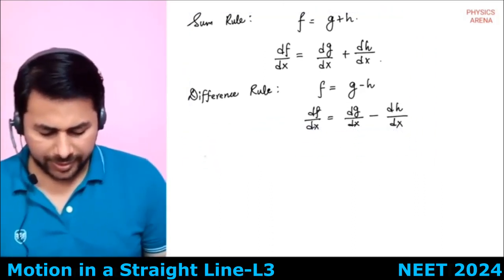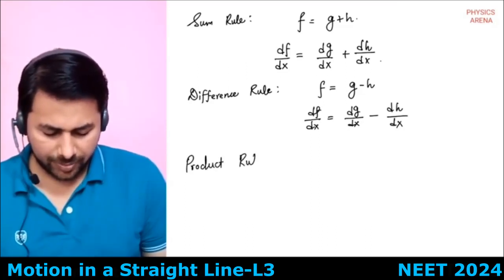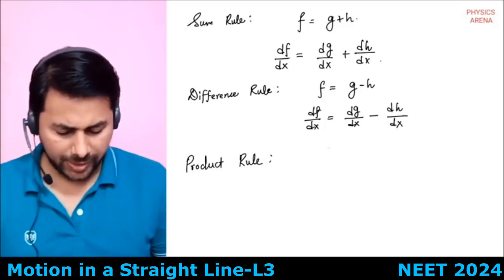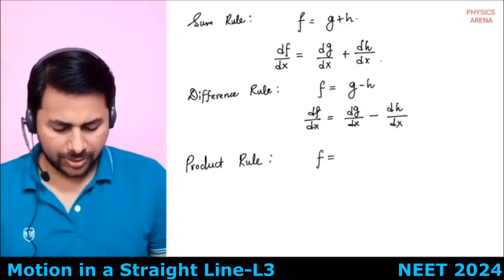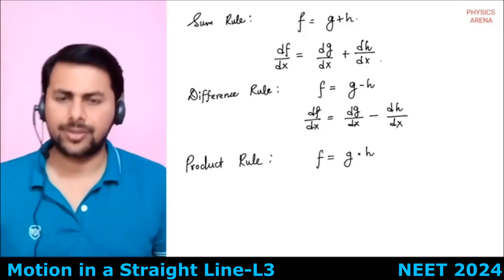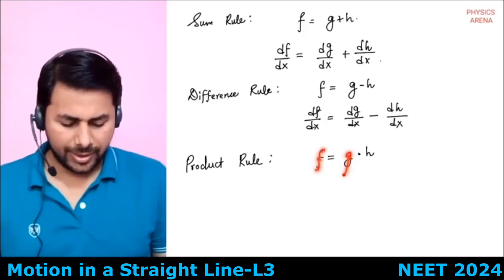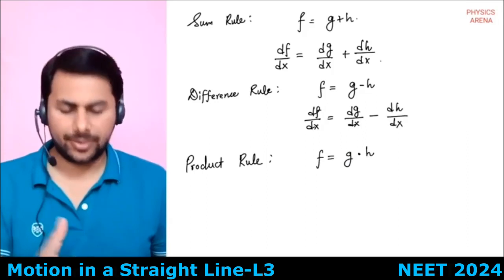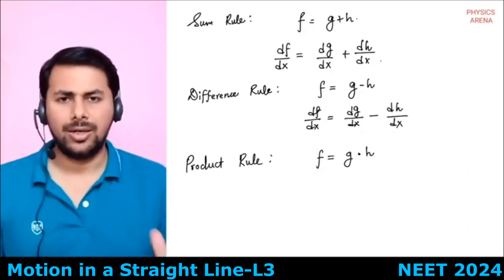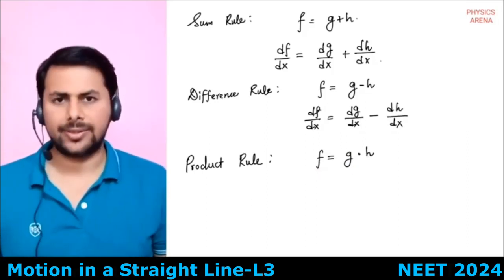Then next is the product rule of derivatives. So if you have f equals g times h, function f is g multiplied by h, all of them functions of x.